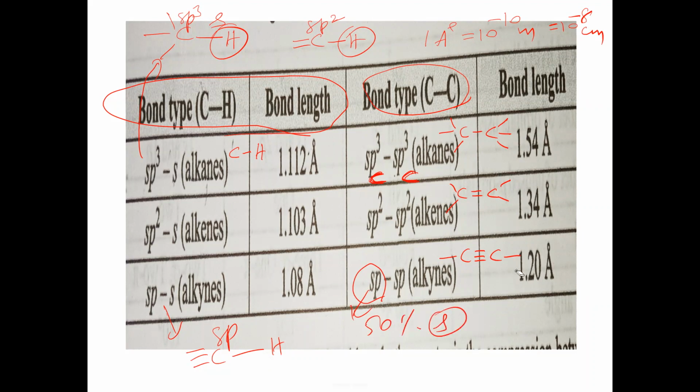So more S character, less bond length. So there is this relationship we have to understand. If you want to take a screenshot, you need not memorize all these values by heart, but you have to remember the carbon bond length values: 1.54, 1.34, 1.20.